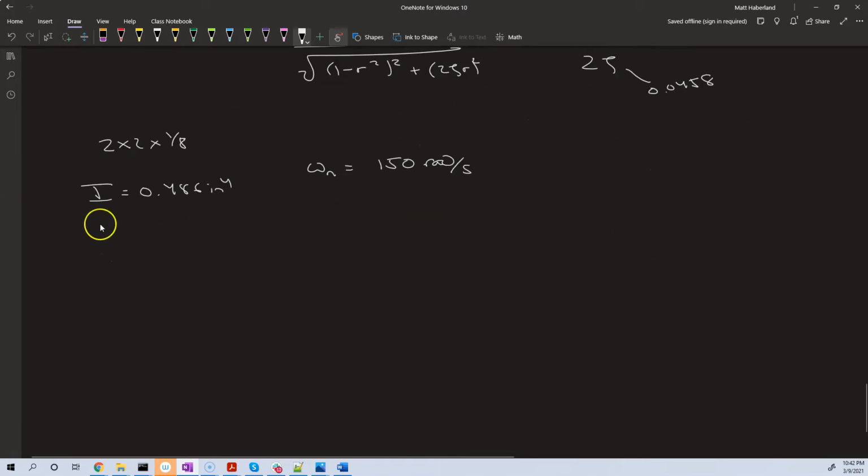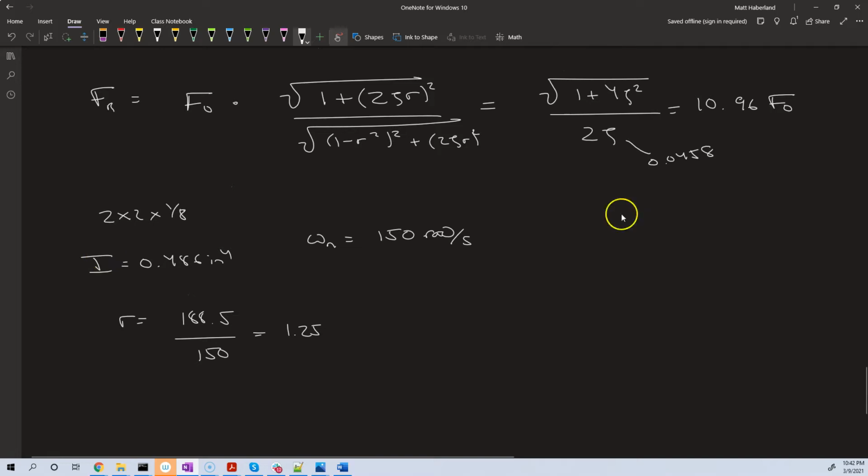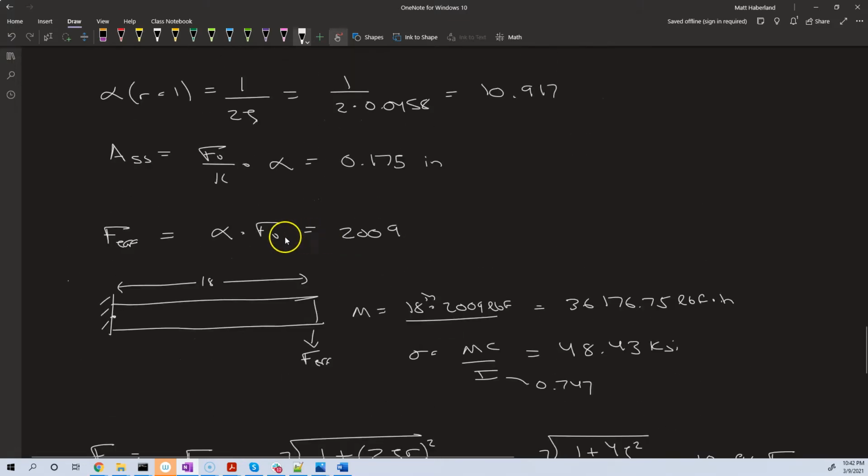Okay, so now R is going to be 188.5 divided by 150. It's around 1.25. If we plug that in, let's figure out what our amplitude ratio, alpha, is. I would say that R is not close enough to 1 to use that approximation anymore, right?